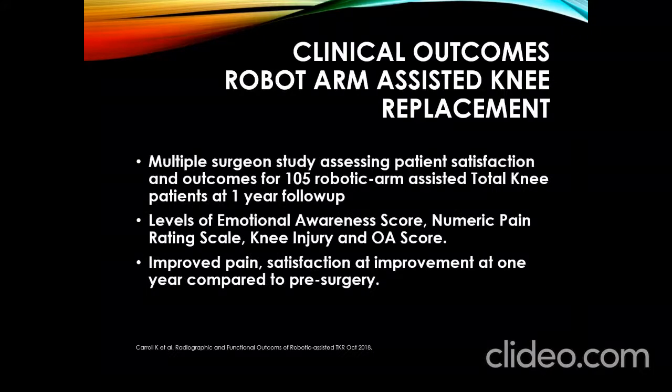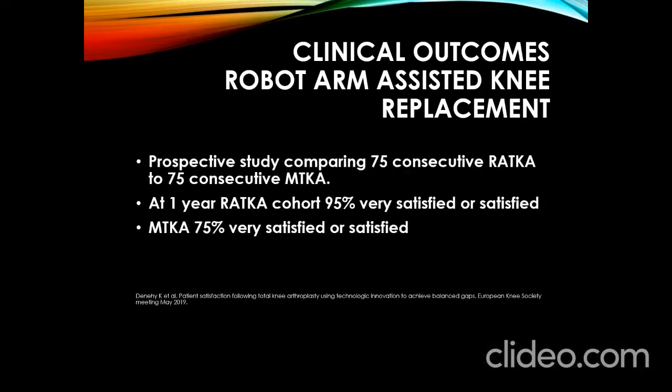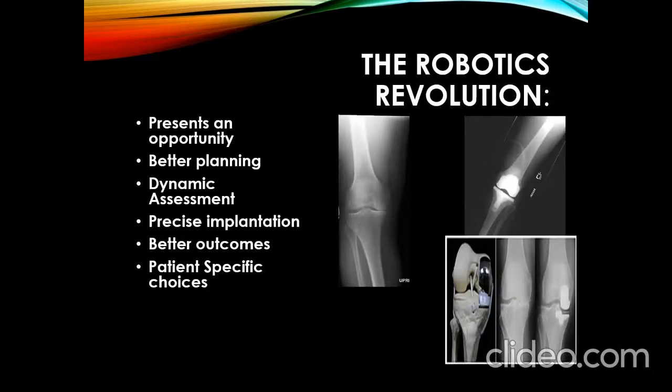Another study, a multi-surgeon study, showed that you get good outcomes following robot arm-assisted knee replacement. When compared with the standard conventional way of doing knee replacements, the satisfaction levels were much higher with the robot arm-assisted procedure.